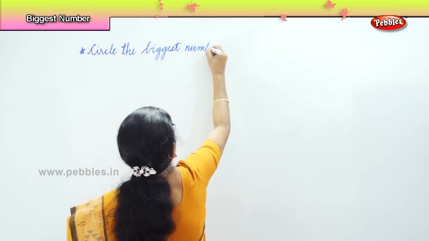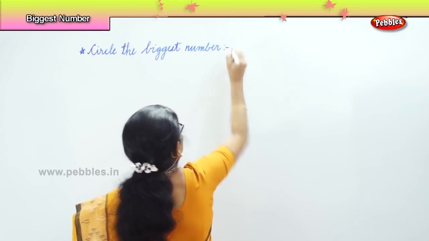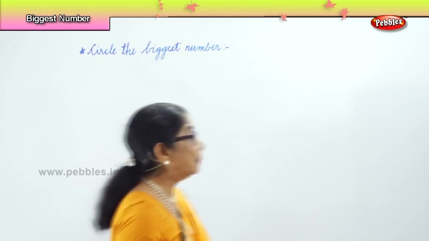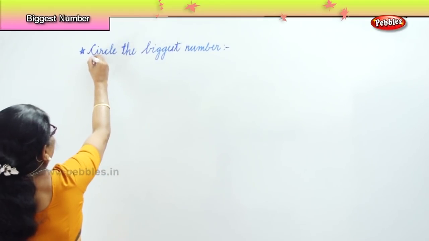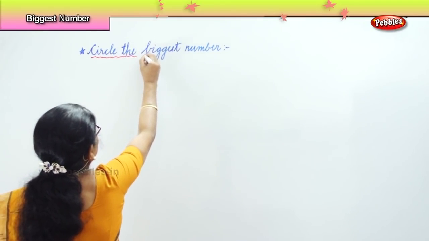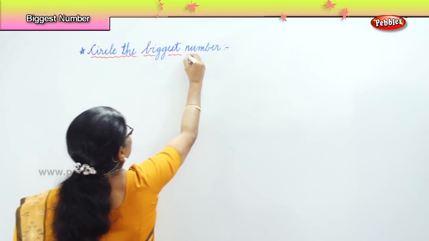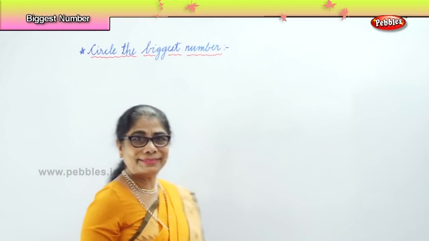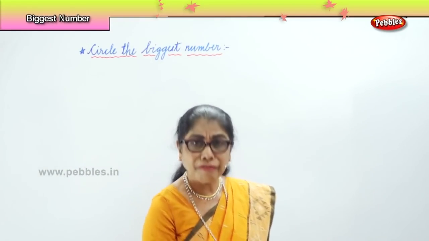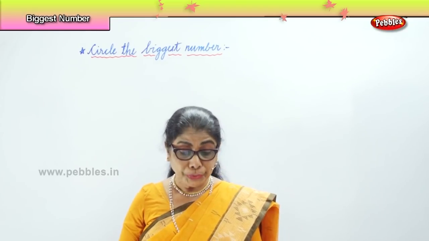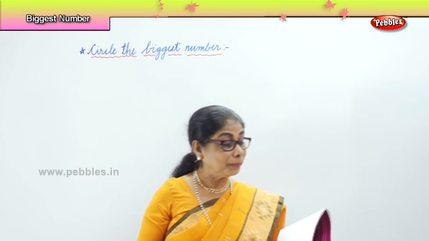You're going to circle the biggest number among the numbers that I'll give you, okay? Now, look carefully at the numbers that I will write for you, then you will circle them, okay?